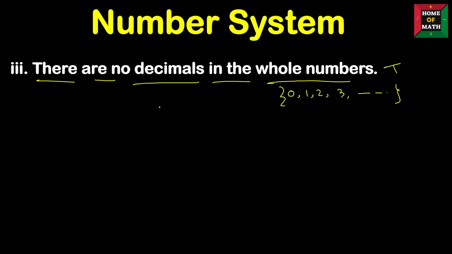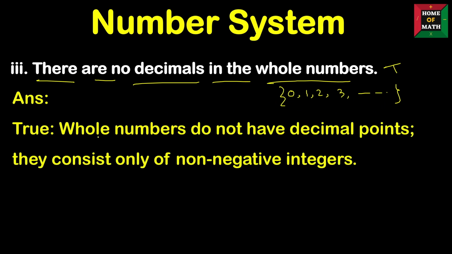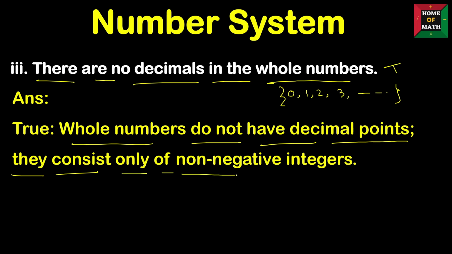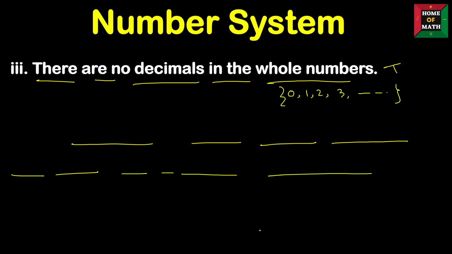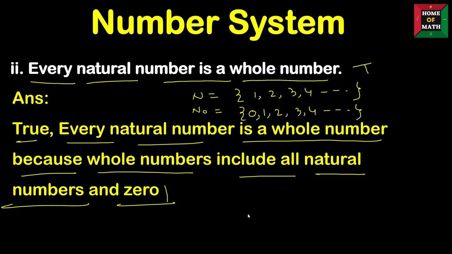So this is a true statement. Whole numbers do not have decimal points. They consist only of non-negative integers. Okay, so this is our question solution. We tried to solve it step by step.